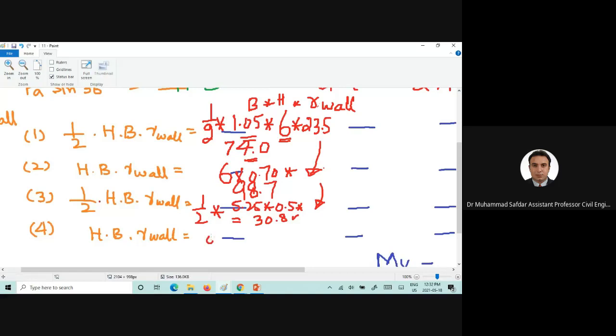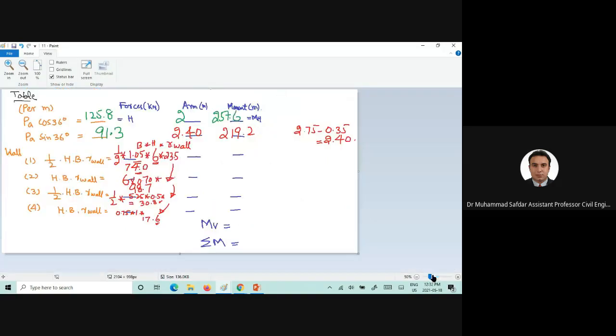So the height is 0.75 and the width is 1, and the unit weight is here 17.6. That would be 17.6 kilonewton per meter. Now, how about the lever arms for the part 1, part 2, and the part 3 of the gravity retaining wall?